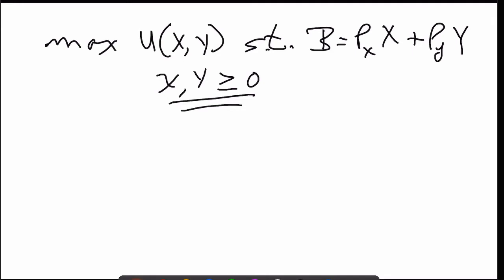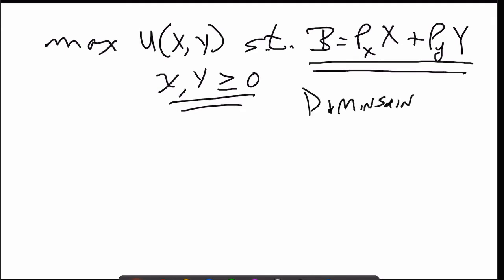All right, that's not the big problem for the most part in this. The big problem is this. This constraint says I have to spend all my money on X and Y. Now, we live in a world where there's diminishing marginal utility.